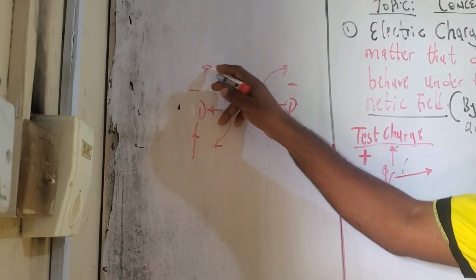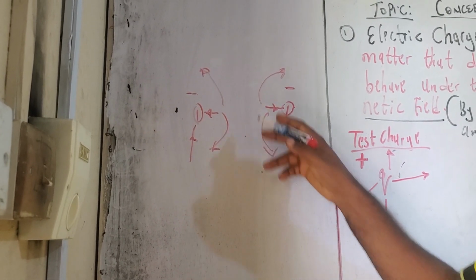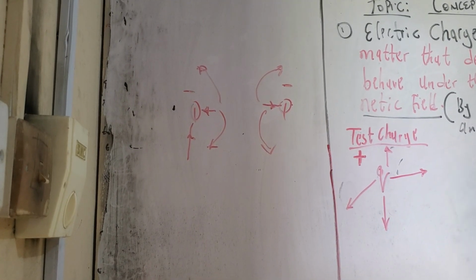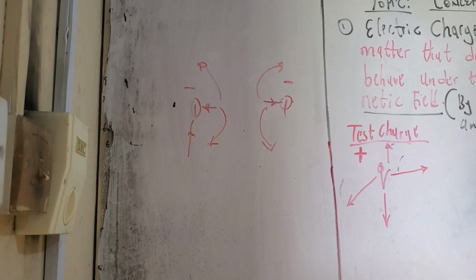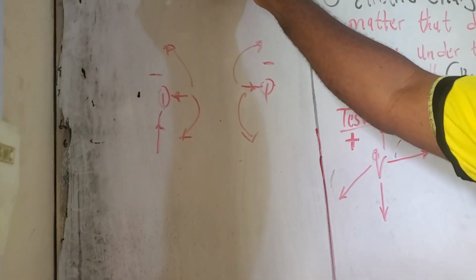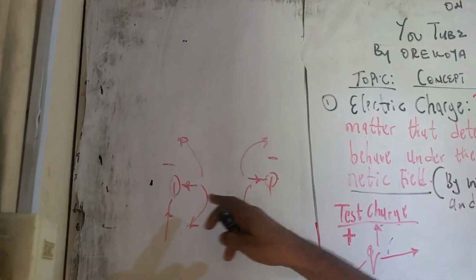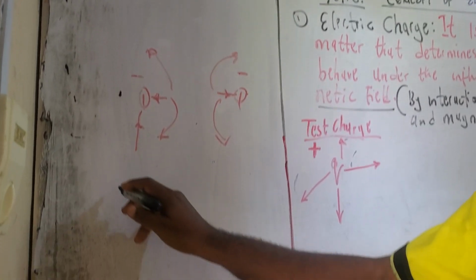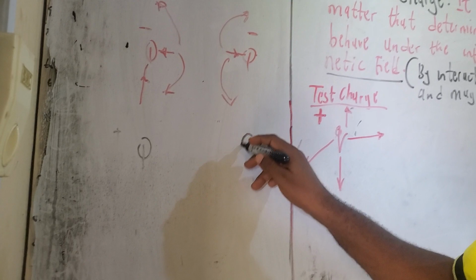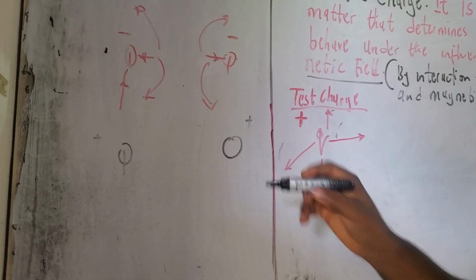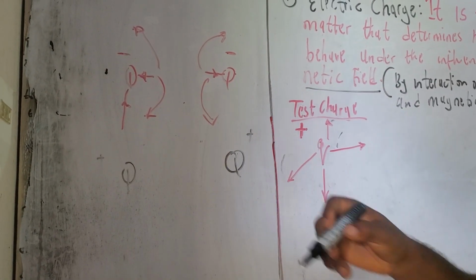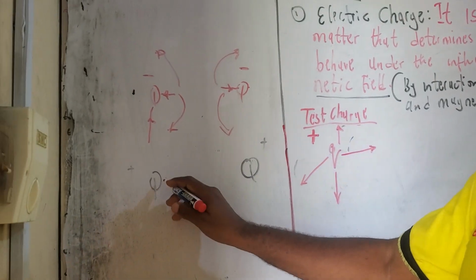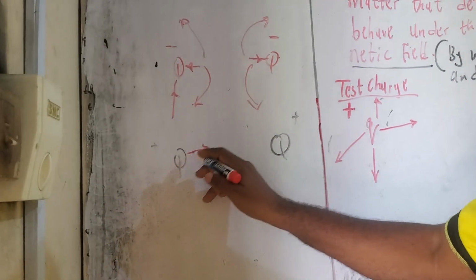Between these two charges, according to the fundamental law of electricity, we talk about like charges repelling. So if this charge Q is also plus, and this one we also have plus, for the positive charges, the line of force happen to be outward.